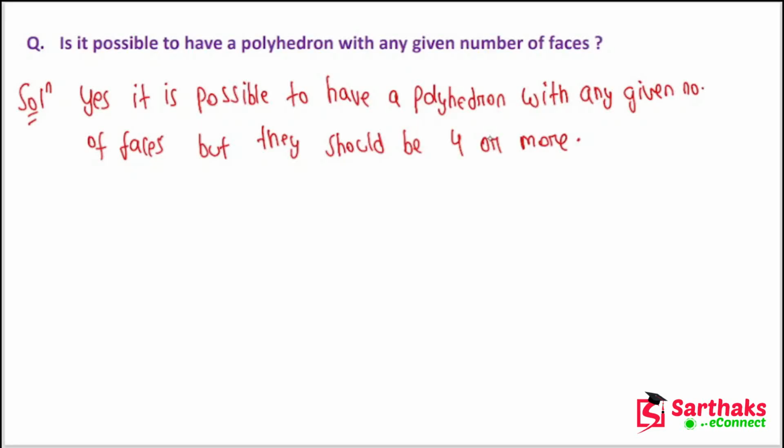You can say that sir, yes, it is possible that you can make a polyhedron with any number of faces. You can have a polyhedron with 10 faces, 11 faces, 9 faces, but the faces should be 4 or more.